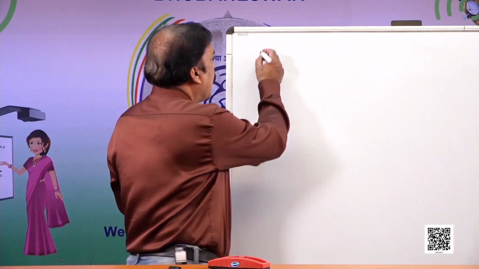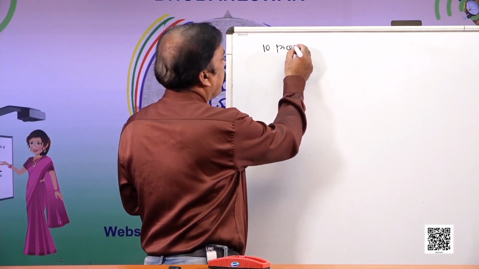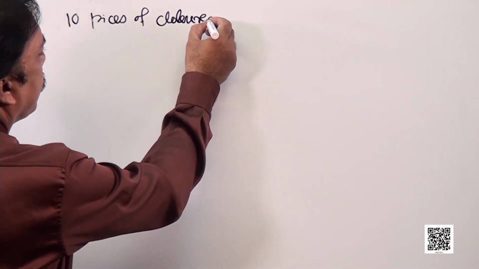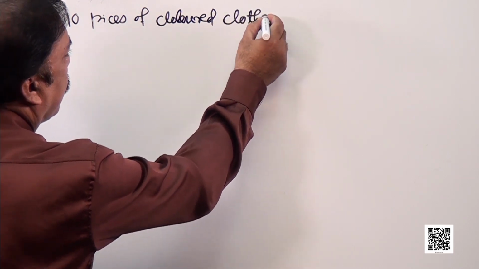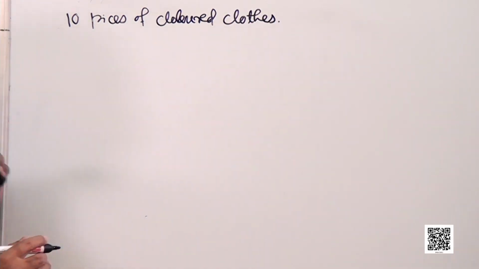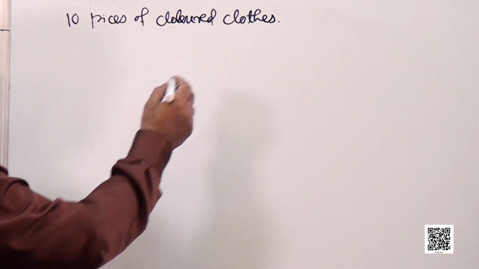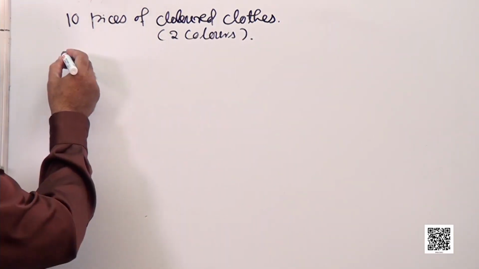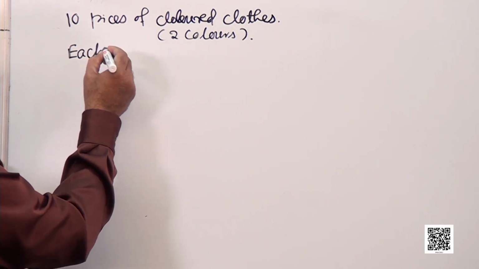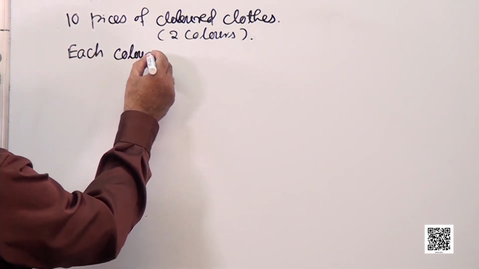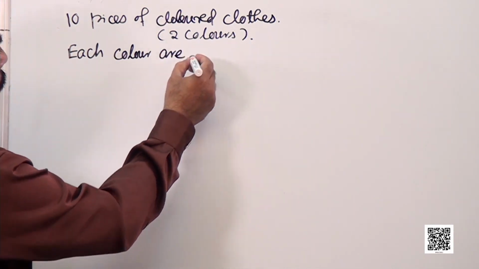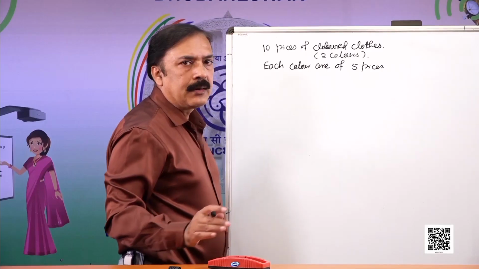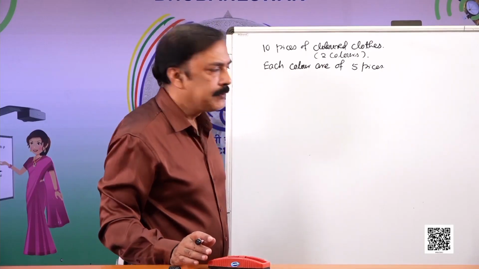We have 10 pieces of colored cloths. That means they are of 2 colors. So each color has 5 pieces. So we need to find the area of these 5 pieces.